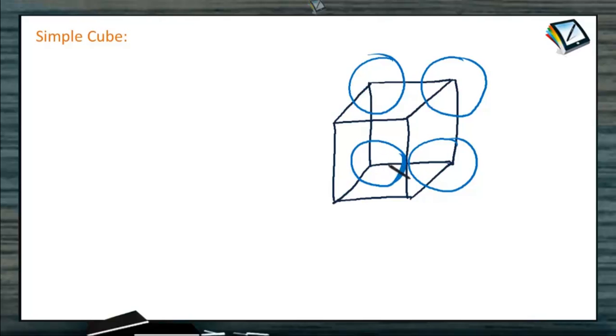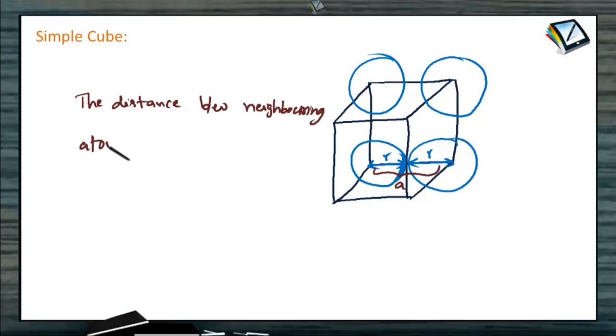And this would be the radius of the atom, R. And this is the radius of another atom, R. In general, we already know that this is the total edge length of the unit cell, A. And the distance between neighboring atoms, or generally adjacent atoms, in simple cube is A by 2.